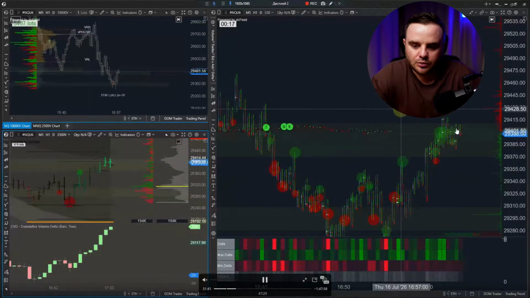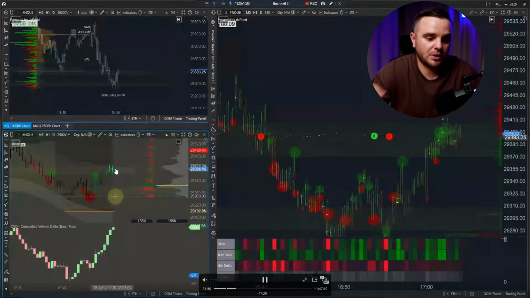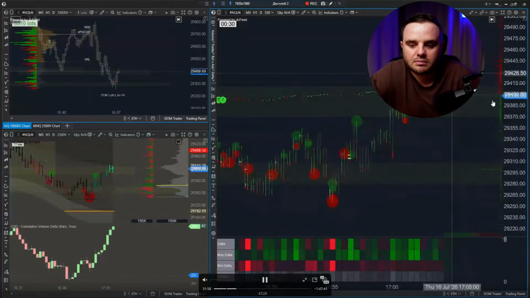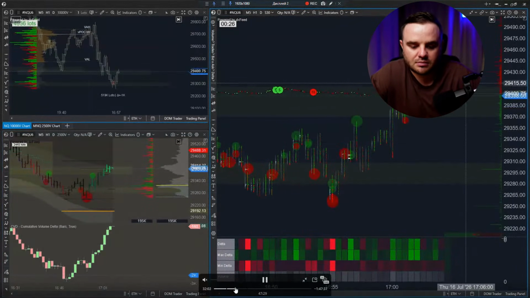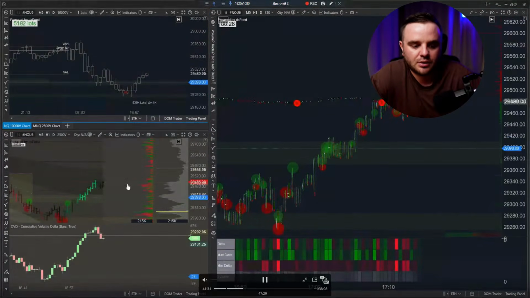Here, have a look how many buying orders appeared inside, and there is no major significant limit order. There is nothing, just icebergs appear, price broke through, and after that price started a significant move up.